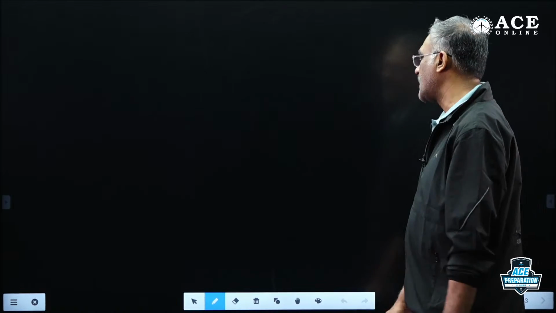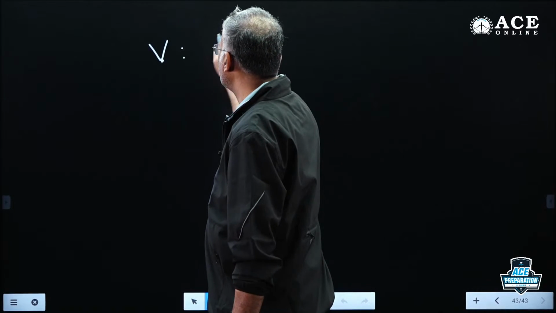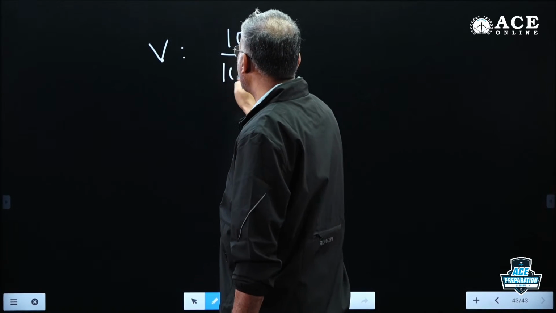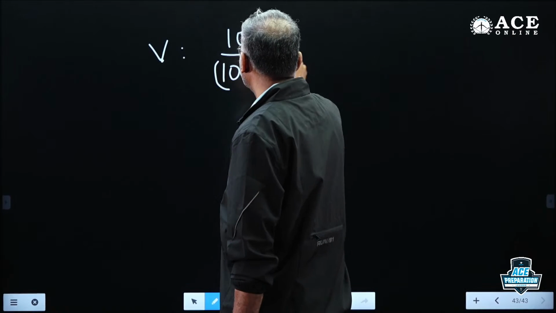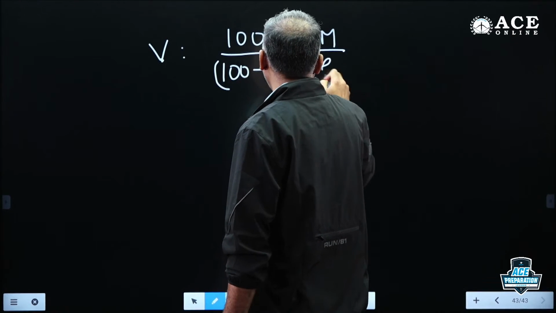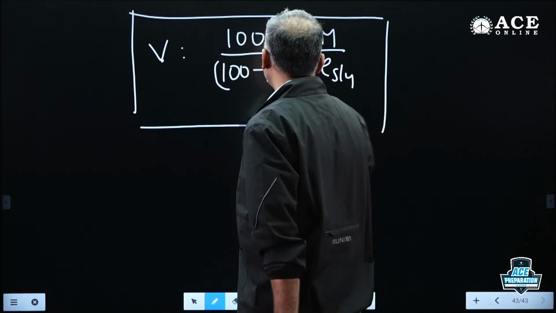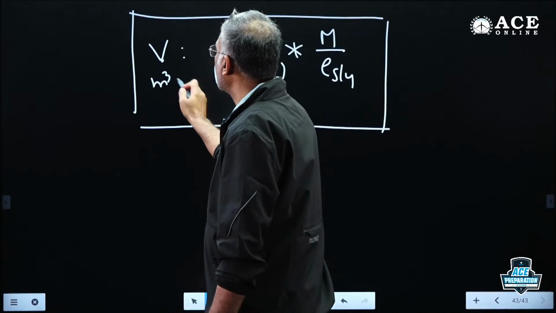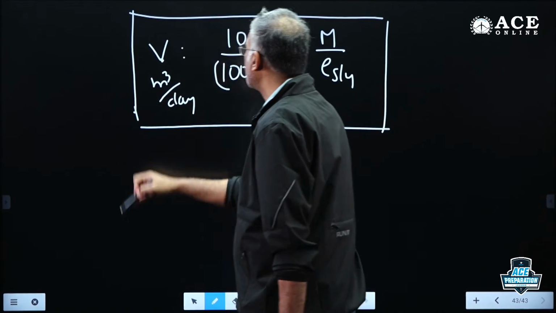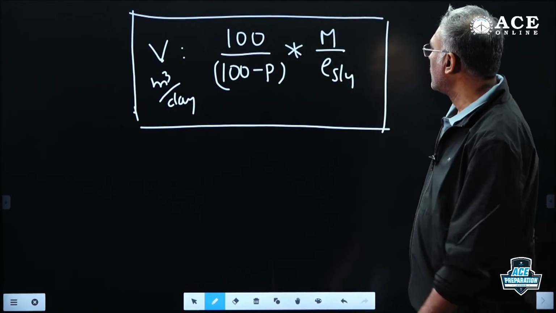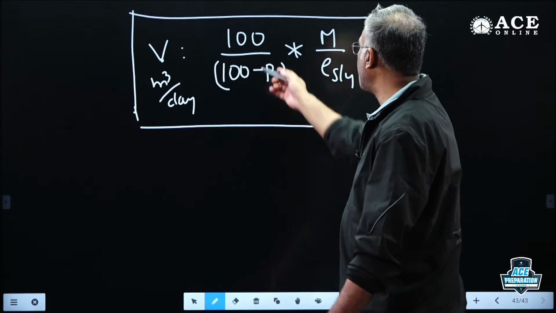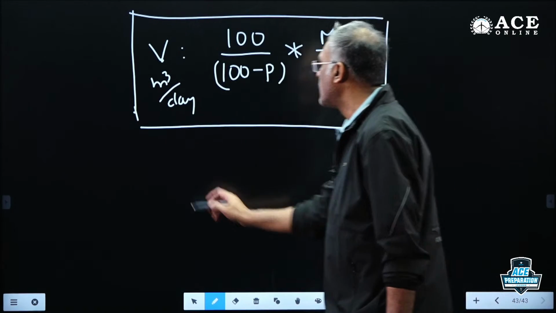Then what else is expected in addition to this is how to calculate the volume of sludge. The volume of sludge produced is equal to 100 by (100 minus percentage moisture content) into mass of solids produced by density of sludge. Using this expression you can find the volume of sludge produced per day in so many meter cube per day. Density of sludge and moisture content are given to you, but M is not given.